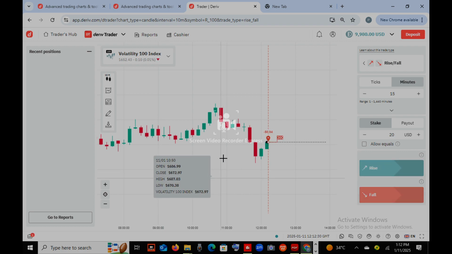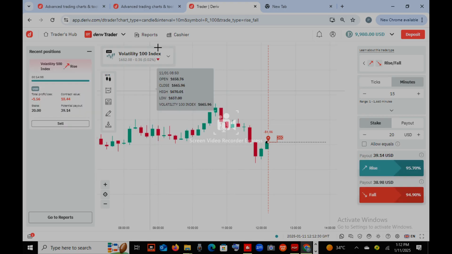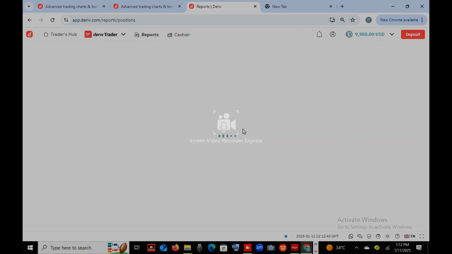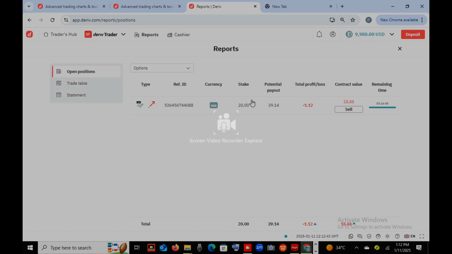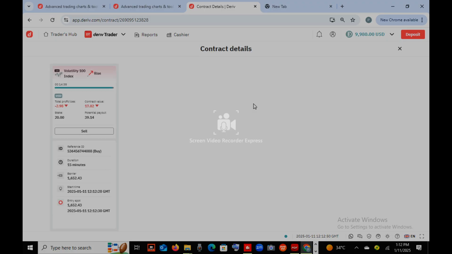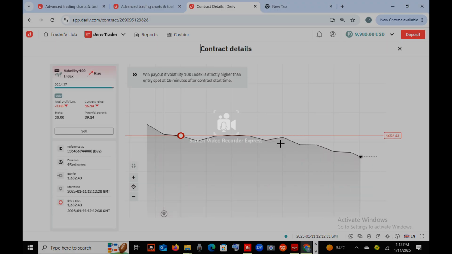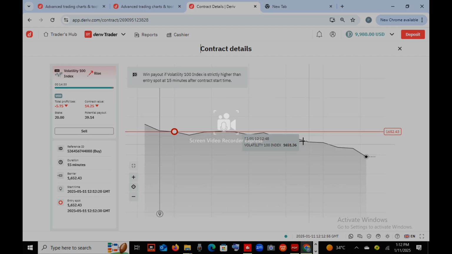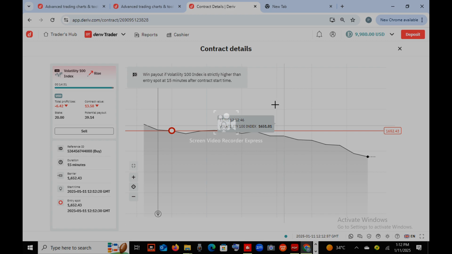Once you take a rise, you come to reports. Under reports, you see the amount of dollars you have taken or the trade that is running. You can view it from here. So basically, this is how you can navigate the new Deriv interface.